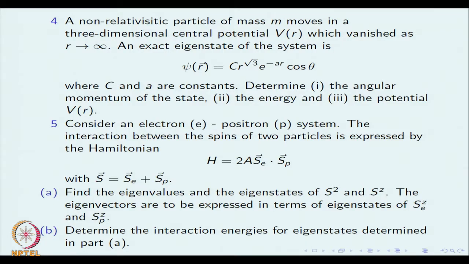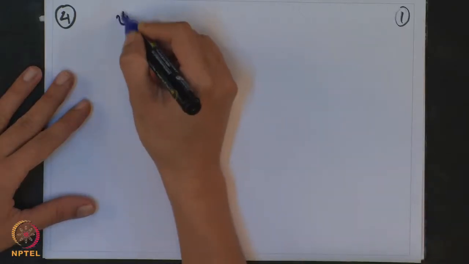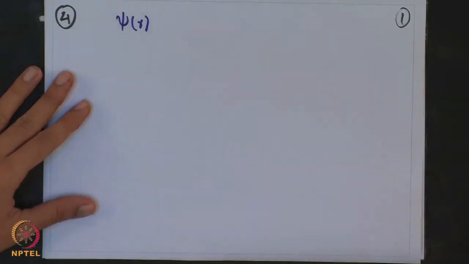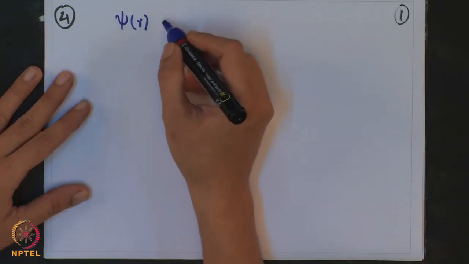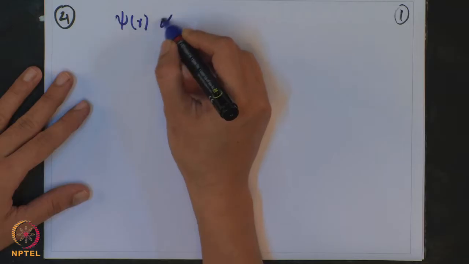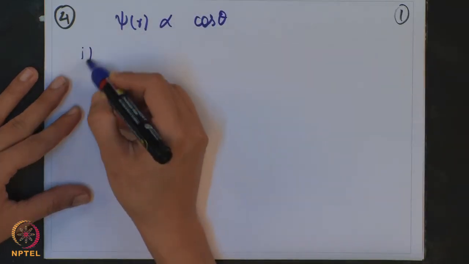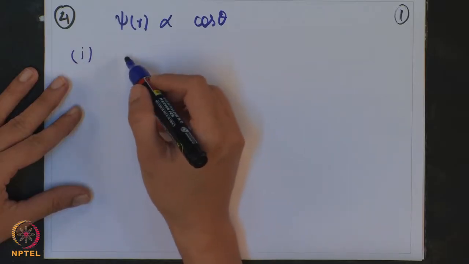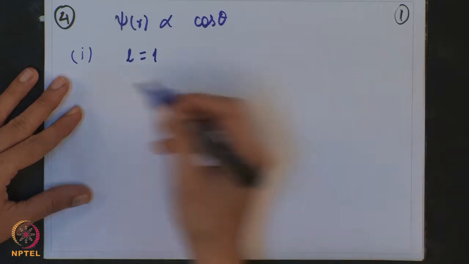Since the wave function psi of r is given to you, and this wave function is proportional to cos theta, from here you can infer that L is 1.